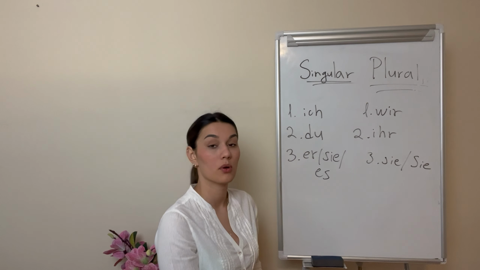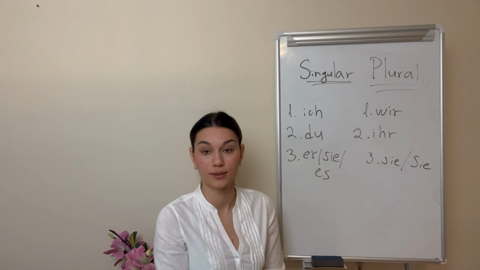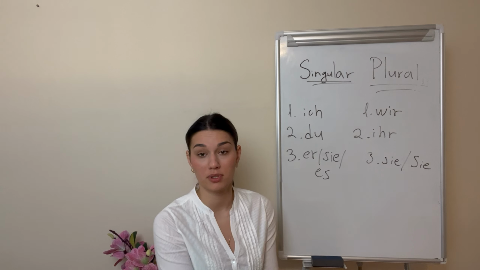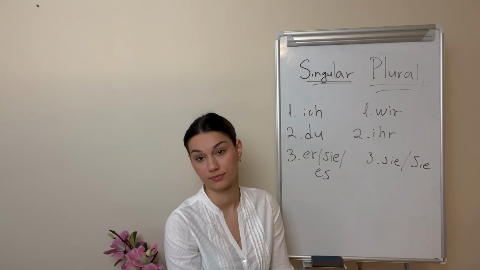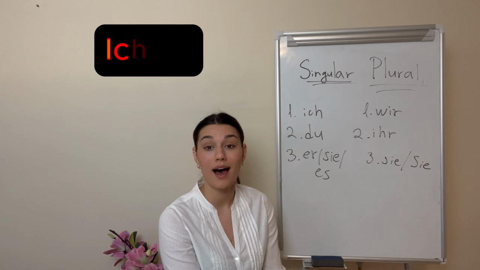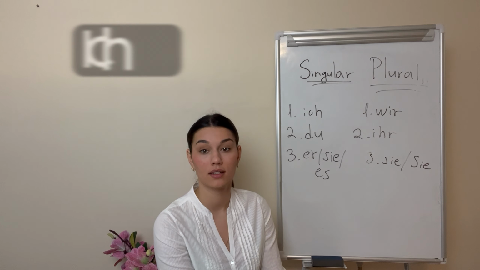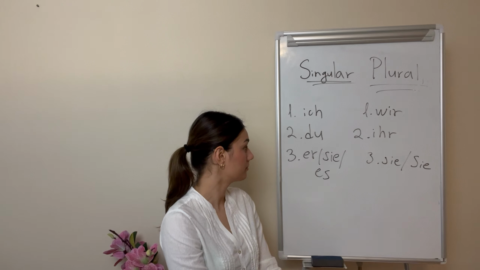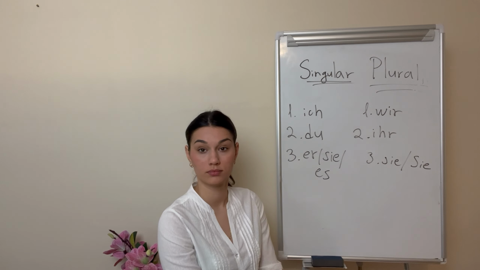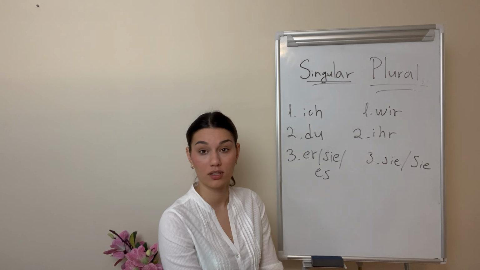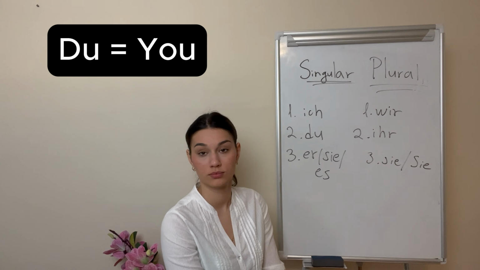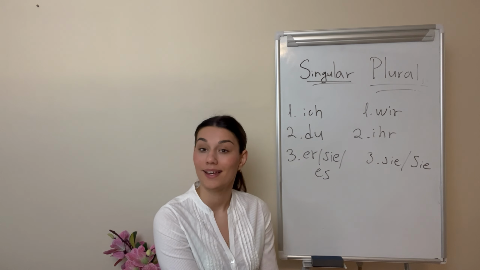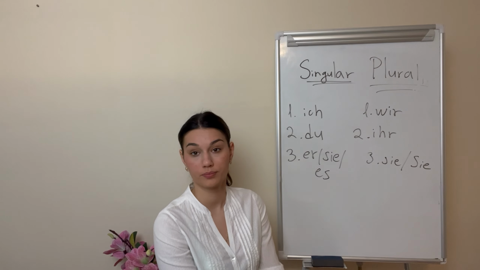First person will be ich. Repeat after me, ich. That means I. Second one, du. That will be you.